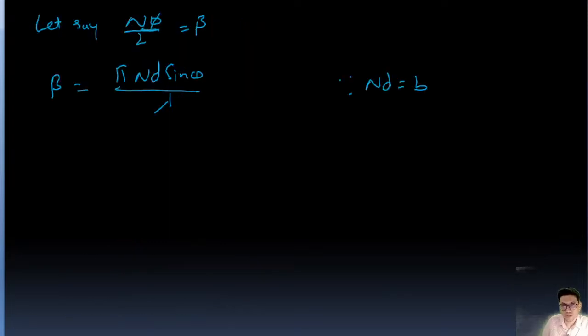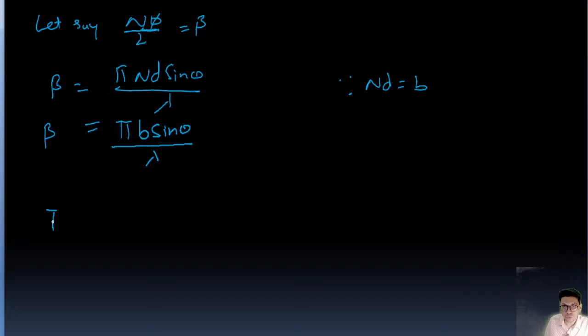So we can write b instead of nd. So the beta value is going to be pi b sine theta upon lambda.